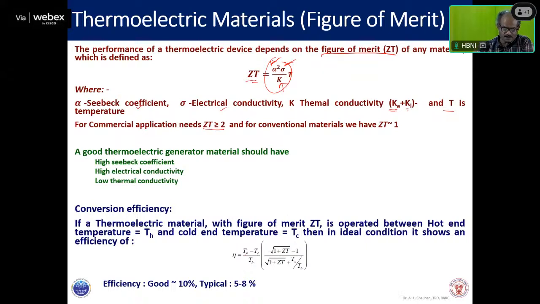The typical efficiency of thermoelectric materials falls between 5 to 8% only, and if we somehow get an efficiency of 10%, that is considered a very, very good efficiency. So these are two different things: ZT, which is called the figure of merit, and efficiency. The figure of merit is generally in the range of 1 to 2.